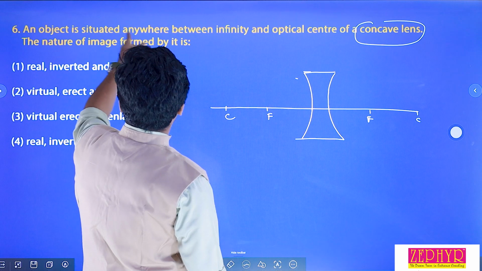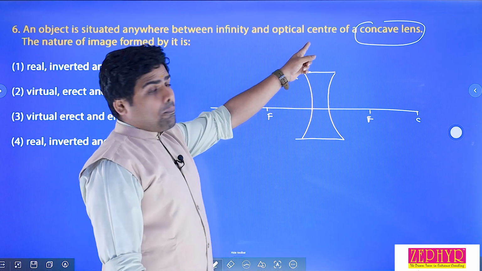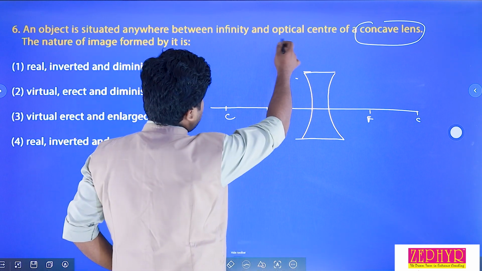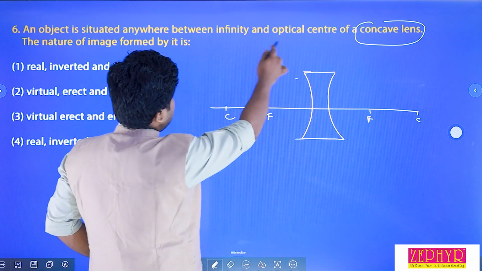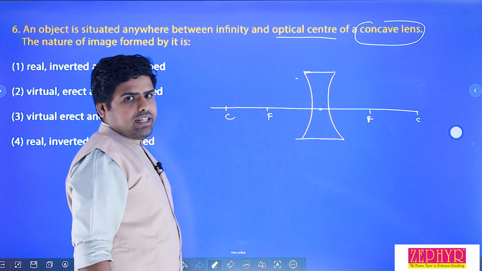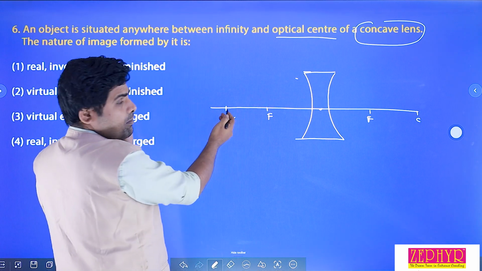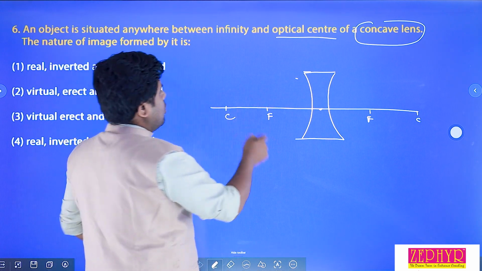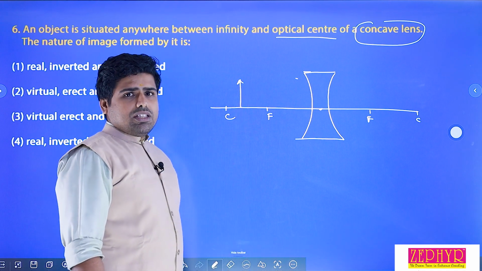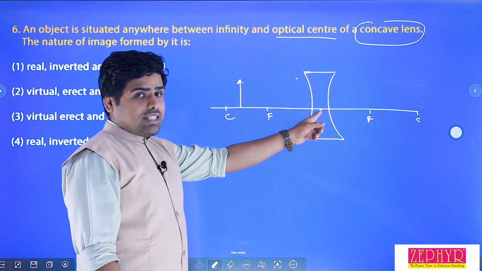An object is situated anywhere between infinity and optical center. Which one is the optical center? This one is the optical center. And infinity is present here, beyond C, right? So now just consider the image is present here. It is surely between infinity and optical center, right?